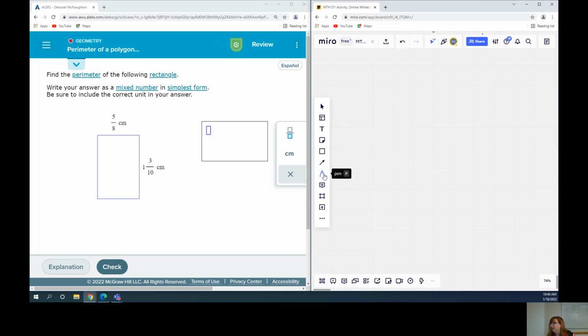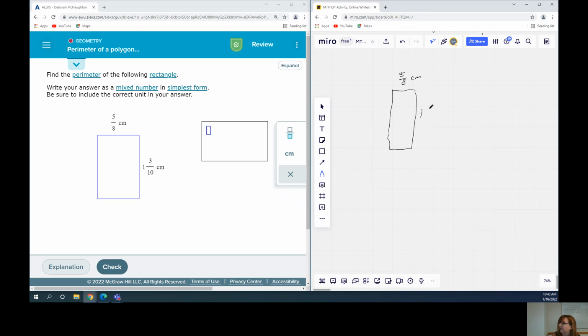Okay, so this time I have a rectangle. Again, to find the perimeter, we're just going to add all the sides. Let me draw this one. This side is 5/8.